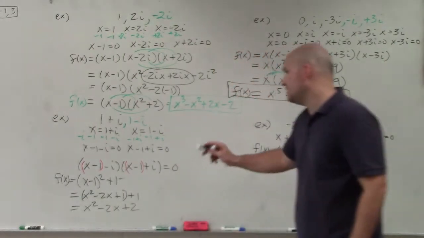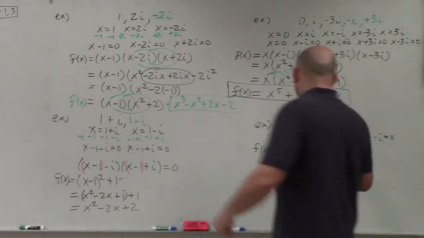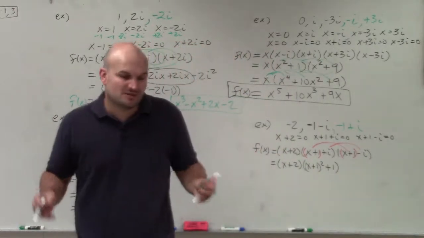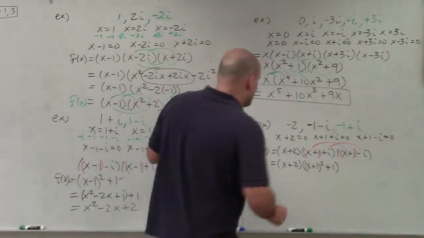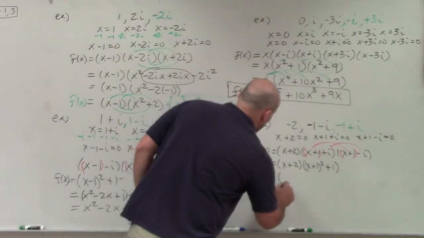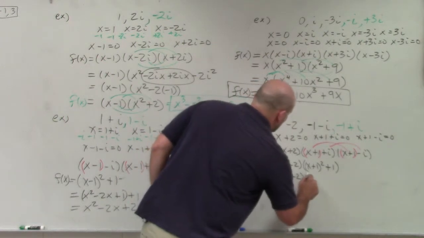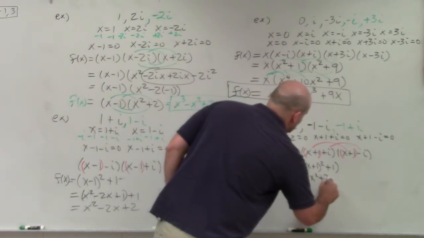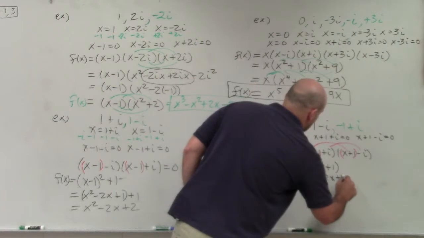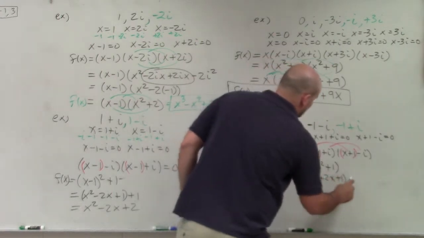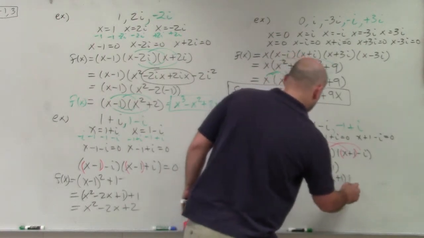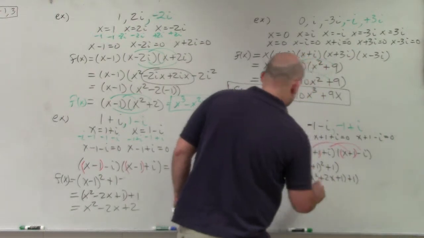Now, we already did x minus 1. So x plus 1 squared is x plus 1 times x plus 1, which is going to be x squared plus 2x plus 1. So therefore, I have x plus 2 times x squared plus 2x plus 1, and then plus 1. OK?